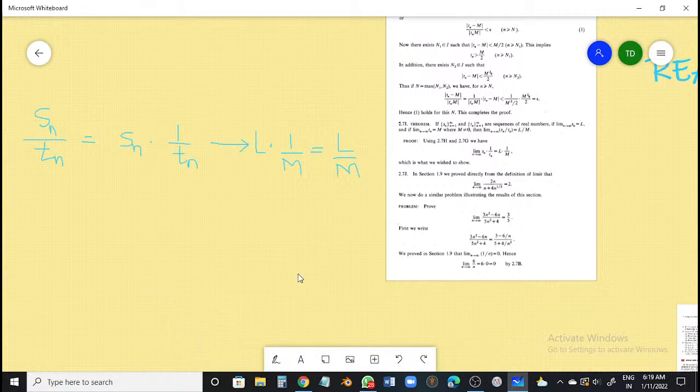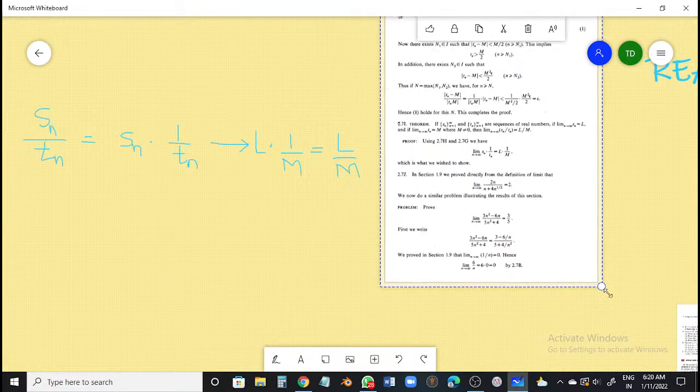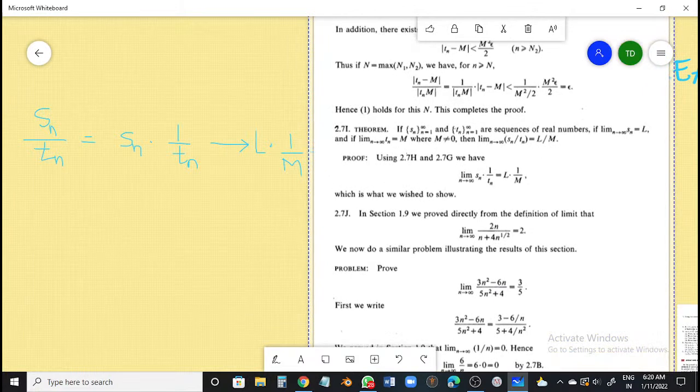Then as usual, we have seen the convergence of given sequences. If anybody asks us to show that the limit of 2n upon n plus 4 root n is 2, up till now what we used to do was take n common, get it cancelled and deal with the sequences.